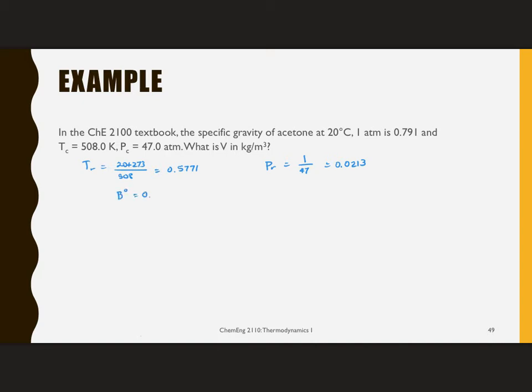Calculating B0 from the virial equation, 0.083 minus 0.422 over TR to the 1.6 is negative 0.934, and B1, 0.139 minus 0.172 over TR to the 4.2, is negative 1.592.